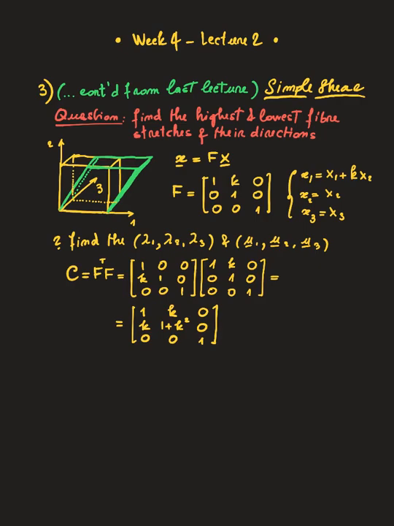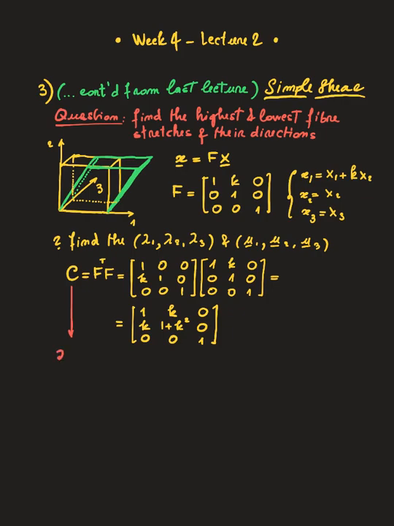There is a question though, and it is essentially very similar to the one you see in the problem sheet in the assignment, which is to find the highest and lowest fiber stretches and their directions. We will address this problem by analyzing the eigenvalues and eigenvectors of the tensor C. Just for reference, I probably didn't stress it enough, but the tensor C has a specific name.